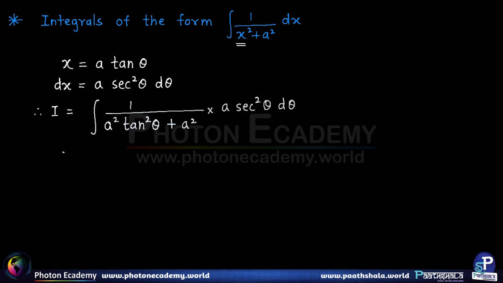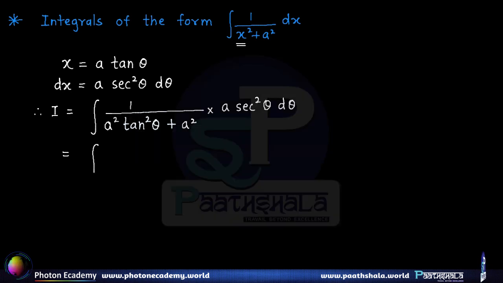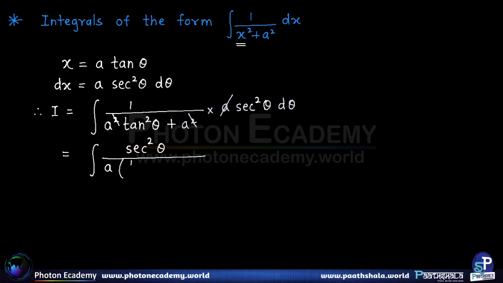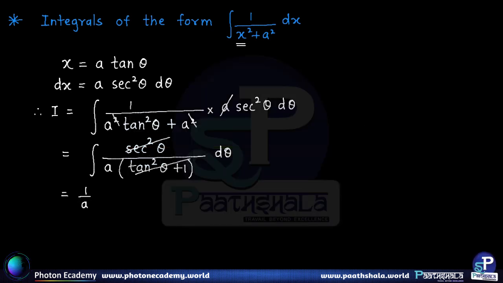So that gives us 1 upon, we can definitely cancel out a from the numerator as well as the denominator, and in the denominator we will have a common a square, and what remains in the bracket is tan square theta plus 1, d theta. Now we know that tan square theta plus 1 is sec square theta, so that will also get cancelled, and we are left with 1 upon a integral of d theta.